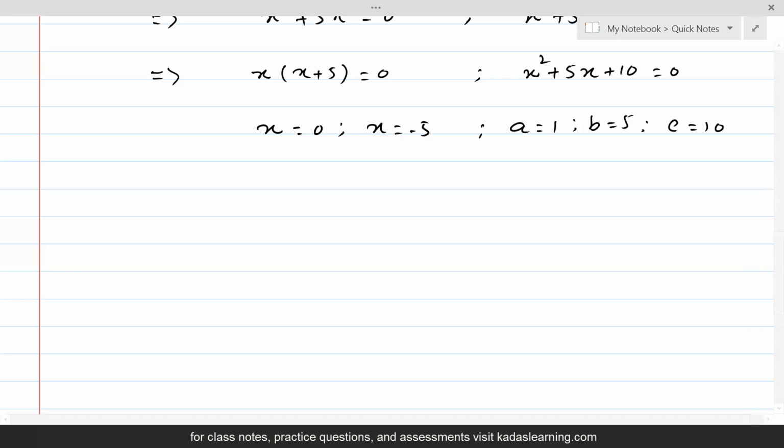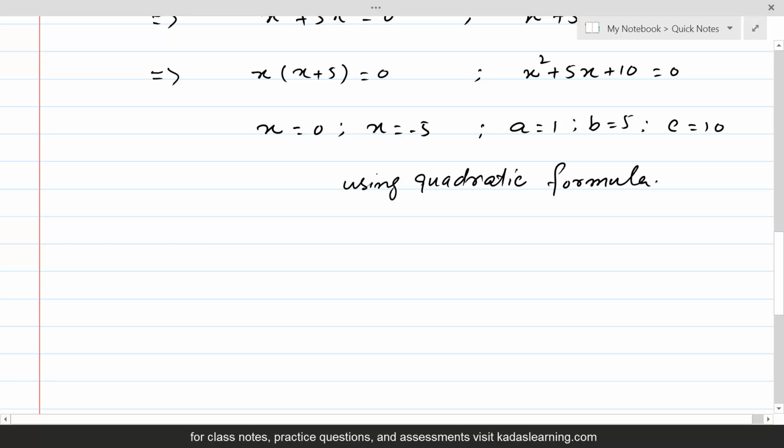Using the quadratic formula, we have x equal to minus b plus minus square root of b squared minus 4ac, divided by 2a.